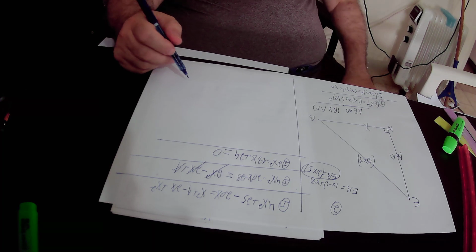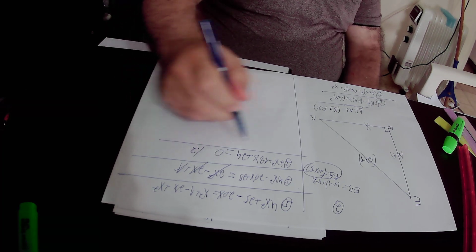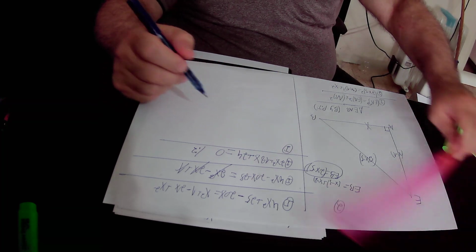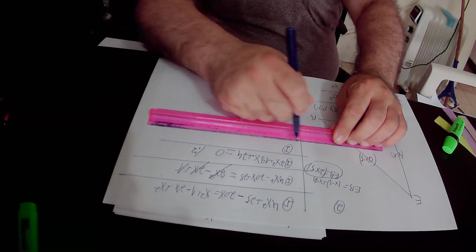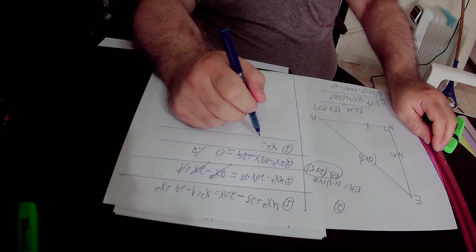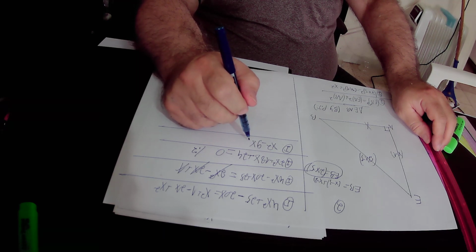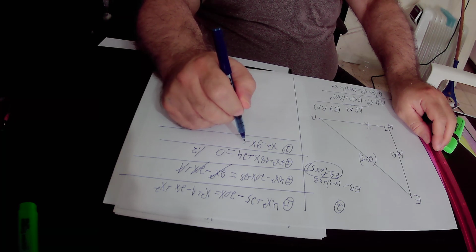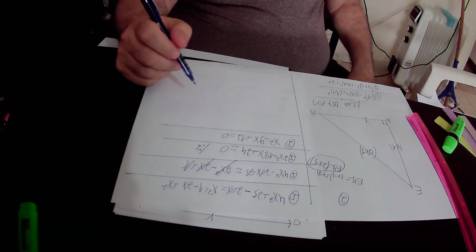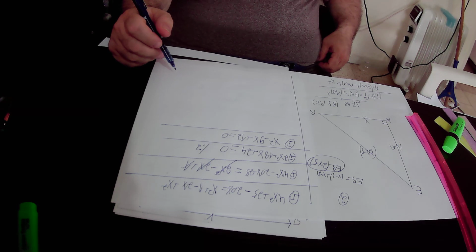Here we divide this equation, equation number 1, by 2, and we get that according to equation number 1, 2x squared over 2 is x squared, minus 18x over 2 is minus 9x, plus 24 over 2 is 12. 0 over 2 is 0, so in conclusion we got the quadratic equation x squared minus 9x plus 12 equals 0.